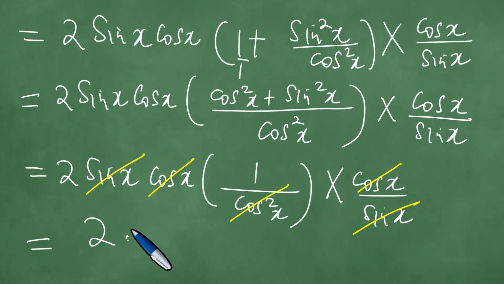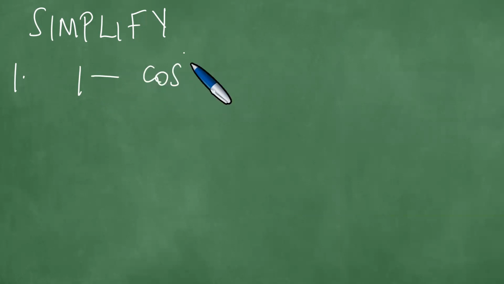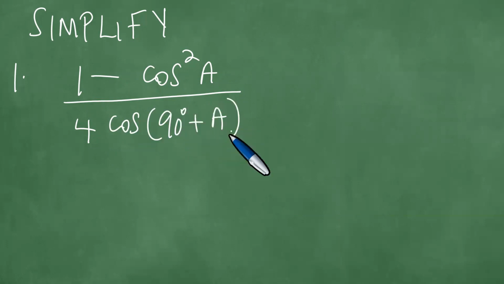Okay, let us simplify the following expression. Simplify 1 minus cosine squared of a divided by 4 cosine of 90 degrees plus a.